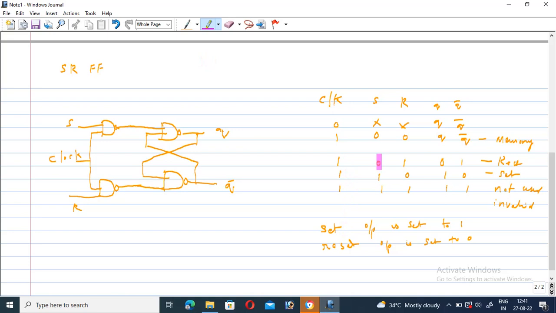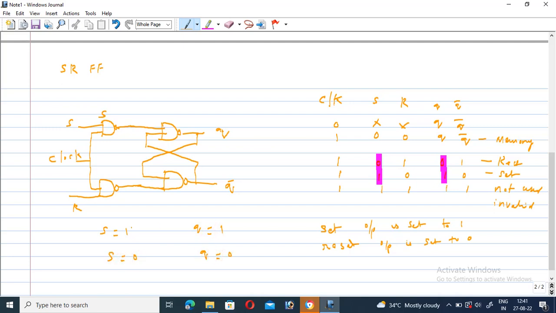Here, when the S value is 0, the Q value is 0. If you observe, when S is equal to 1, Q is equal to 1, and when S is equal to 0, Q is equal to 0.